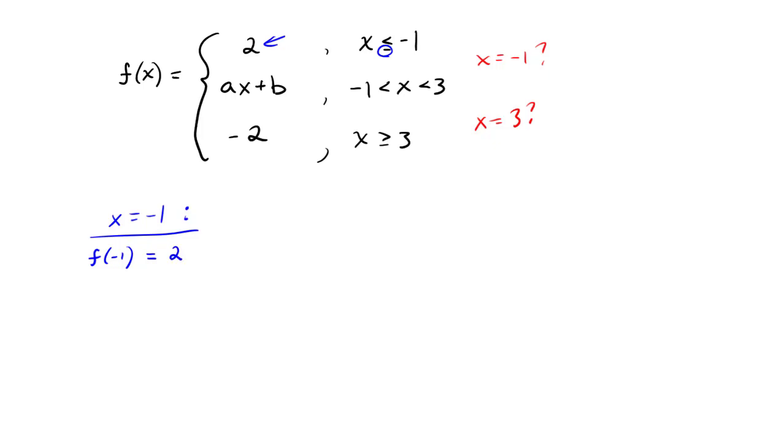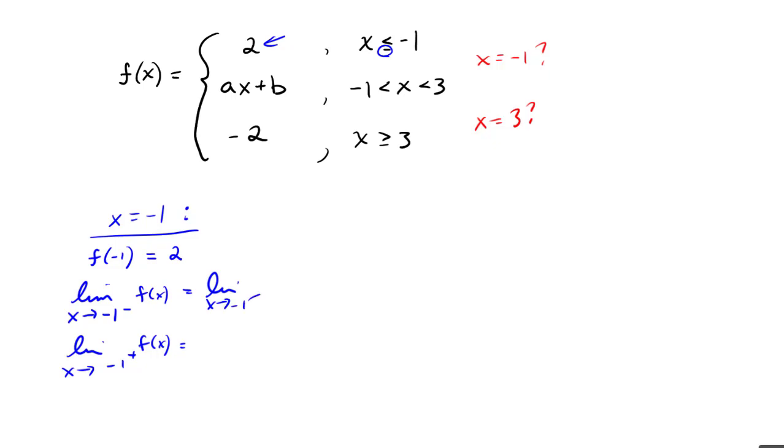Now let's look at the limit as x approaches -1 from the left, and the limit as x approaches -1 from the right, of f of x. But this function looks different when you're on the left and right of -1.